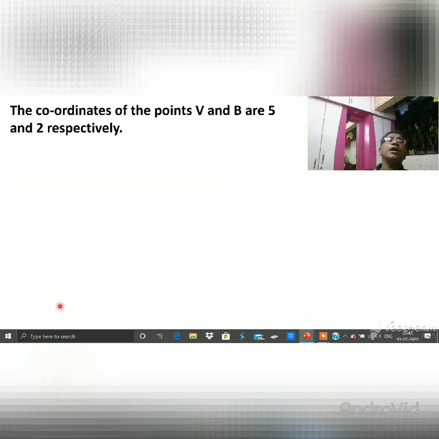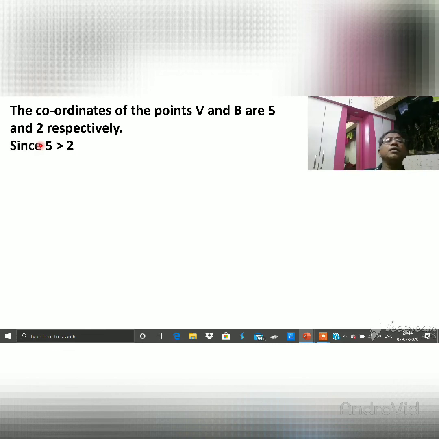Then you have to find another distance, VB. The V coordinate is 5 and the B coordinate is 2. Both numbers are positive, 5 is positive and 2 is positive. So we compare which number is greater: 5 is greater and 2 is smaller.